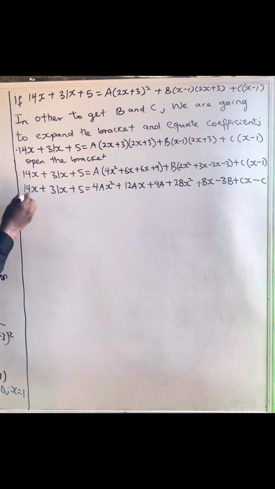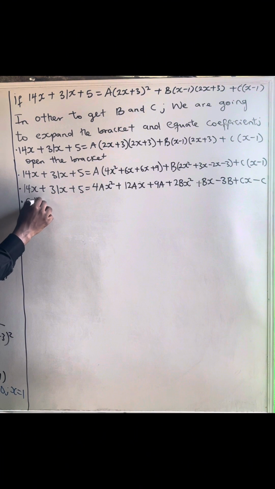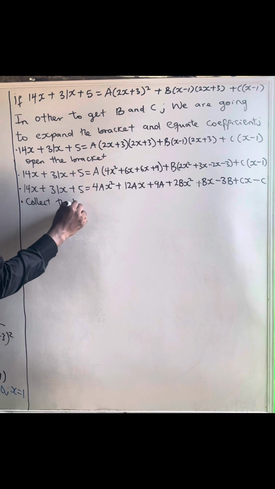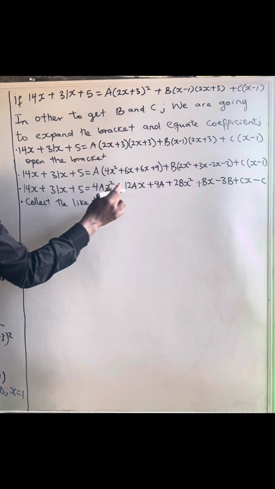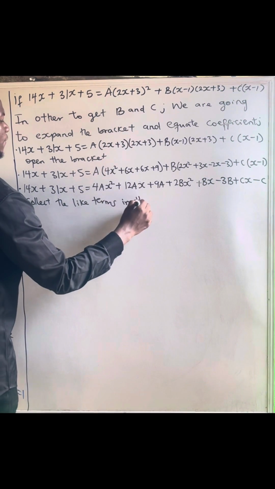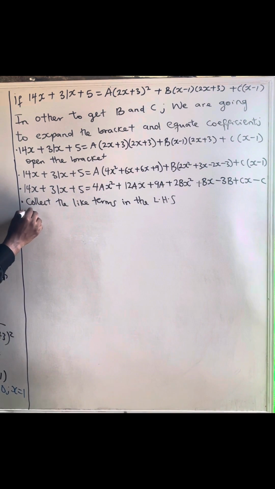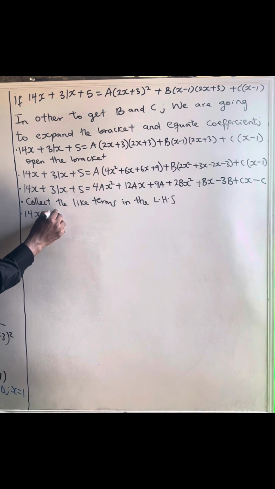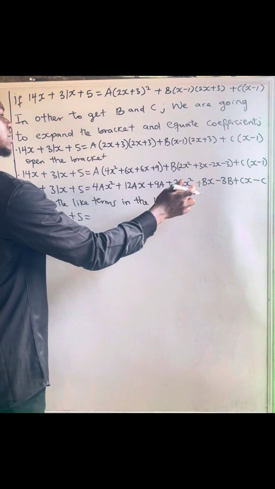So after that, the next thing we are going to do is collect the like terms. The like terms. So in the left hand side, I'm going to have it as 14x plus 31x plus 5 is equal to, you know, this is x squared. This is x squared.